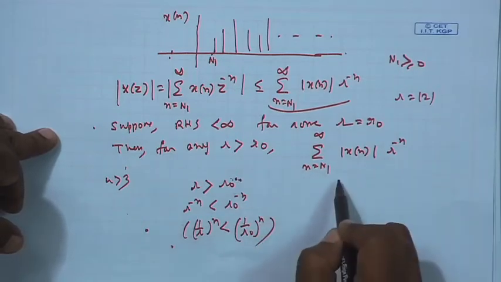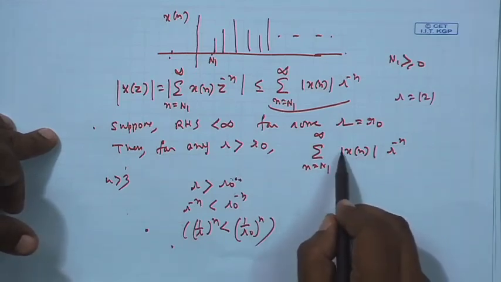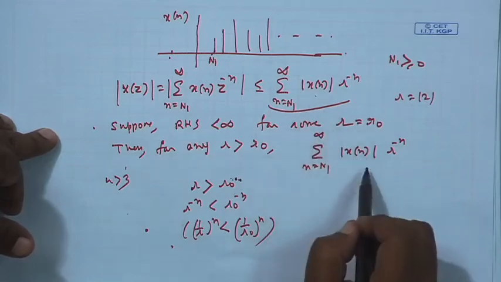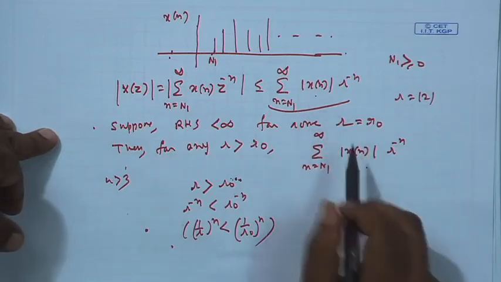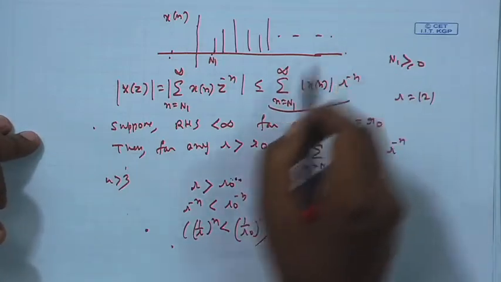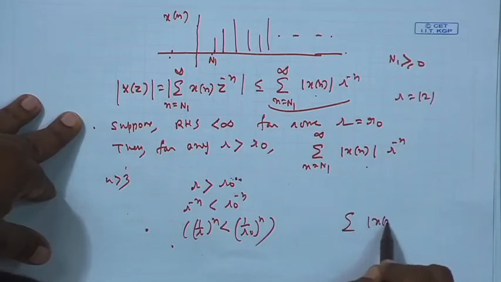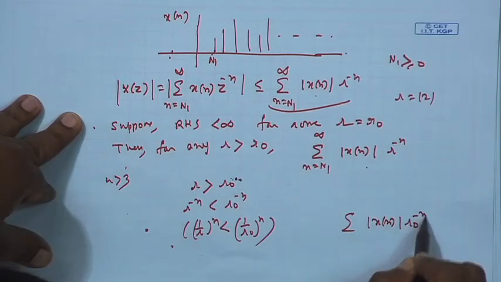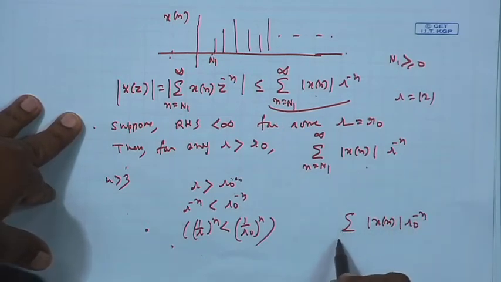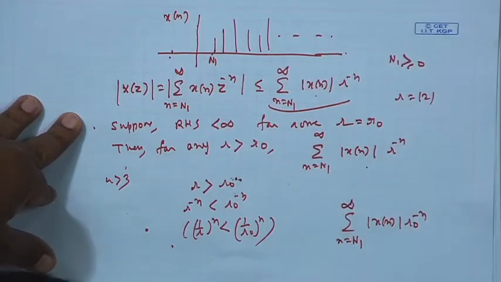That means the summation is to consider any small nth entry, mod x[n] was present here also, but that time I assumed that the summation is finite for r equal to r naught. That is, if we have r naught to the power minus n, this is finite.